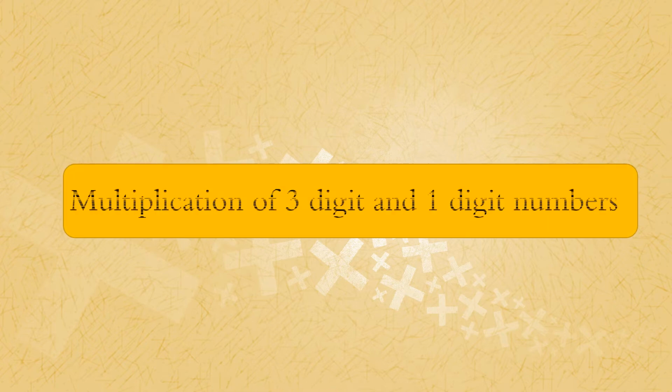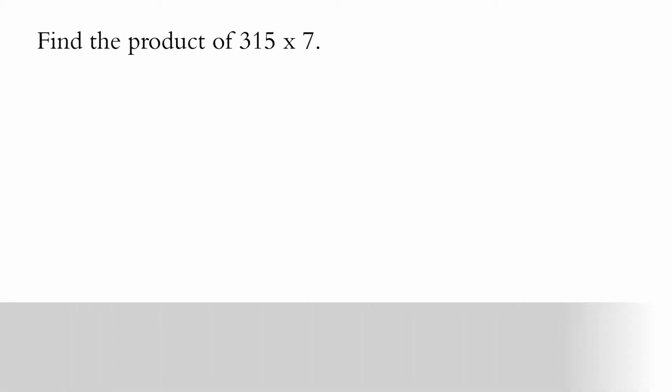Multiplication of 3-digit and 1-digit numbers. Find the product of 315 into 7. Students, down here we will do the rough work of multiplication.